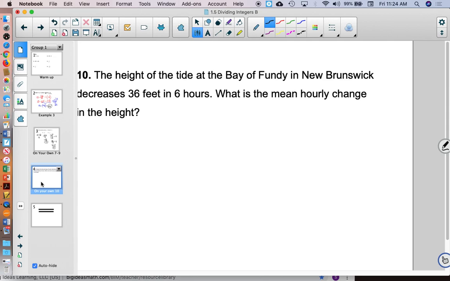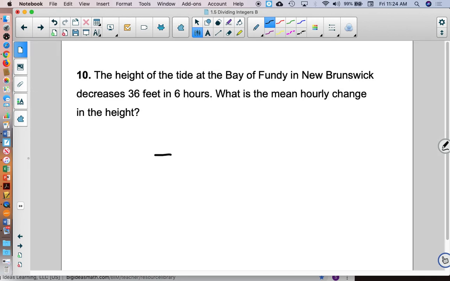The height of the tide at the Bay of Fundy in New Brunswick decreases 36 feet in 6 hours. What is the mean hourly change in the height? What type of an integer should I write to represent the height of that tide? What integer would it be? Very good. It's negative 36.